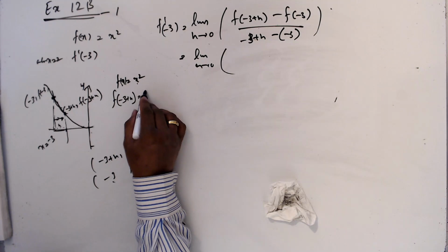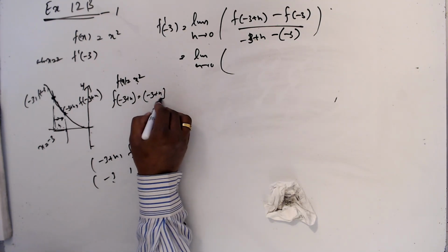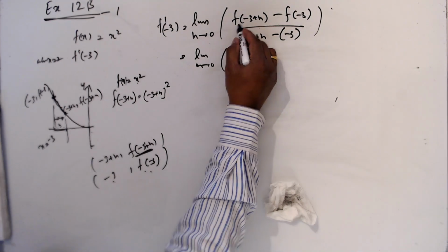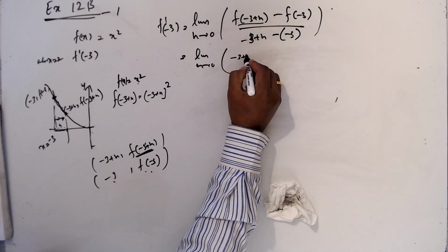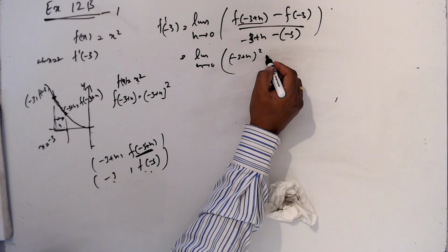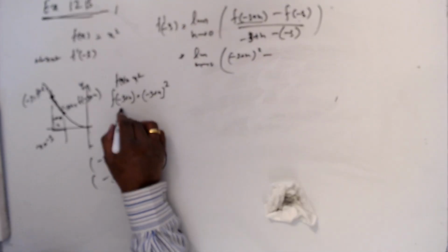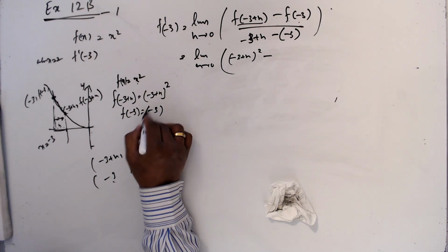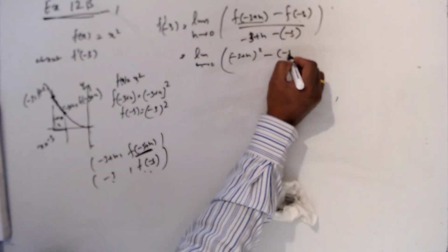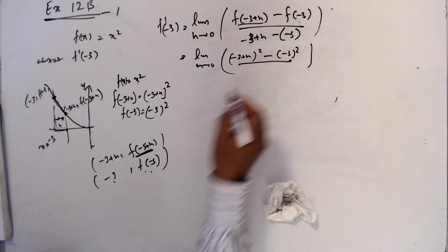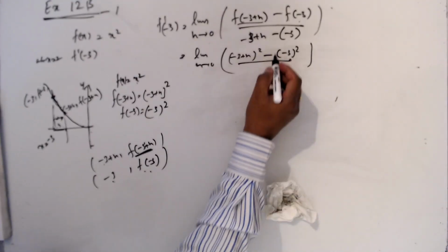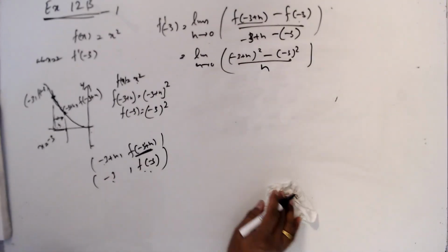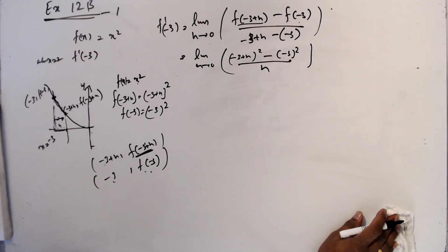Then instead of x you pass (minus 3 plus h) squared, minus f(minus 3). f(minus 3) means instead of x you put minus 3, so minus 3 squared, over h. So this cancels out, and the denominator is going to be h.